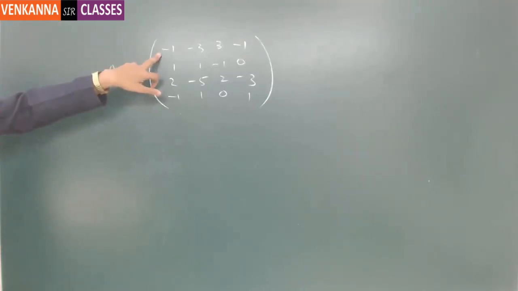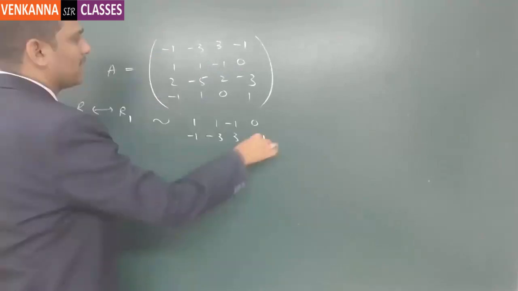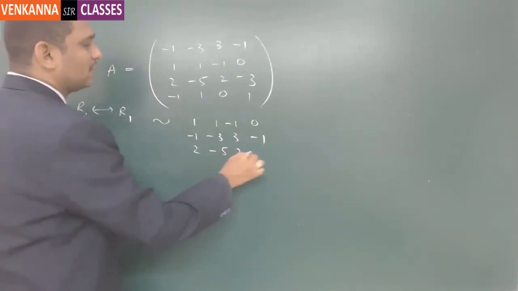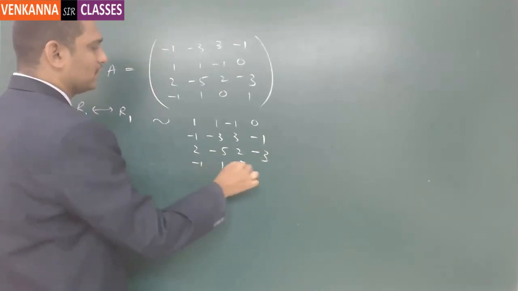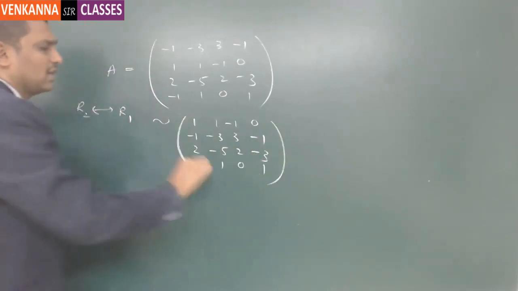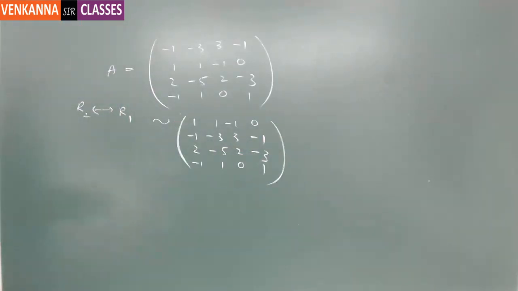Otherwise we will do the thing that, let me say, suppose I want to interchange these two, R2 and R1 are interchanged. So it will be equivalent to 1, 1, -1, 0, -1, -3, 3, -1, 2, -5, 2, -3, -1, 1, 0, 1. If 1 is not there, it is okay.